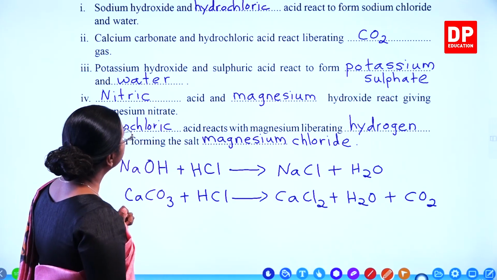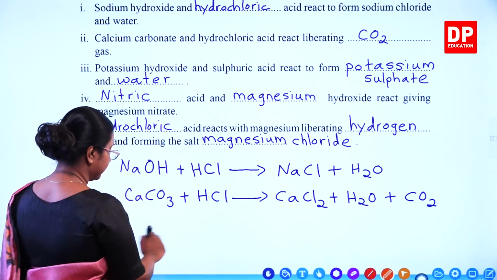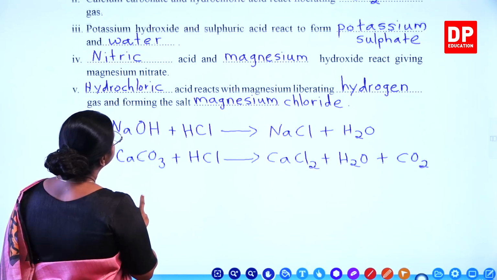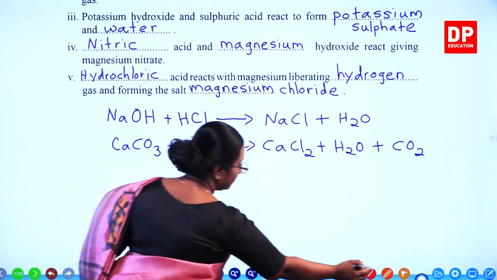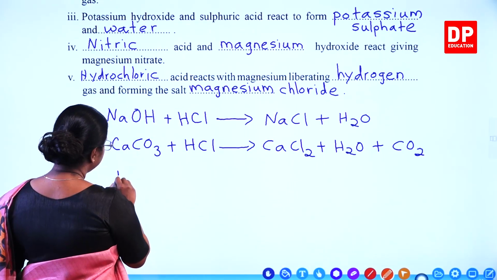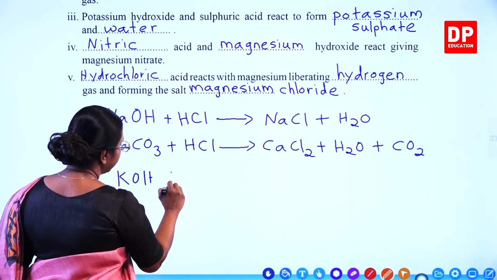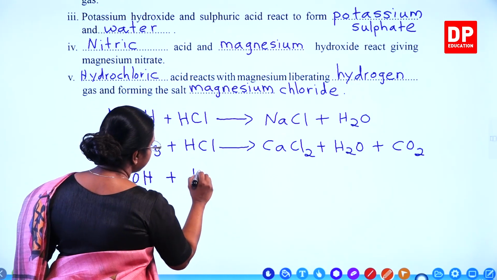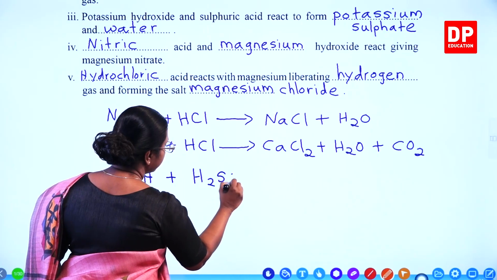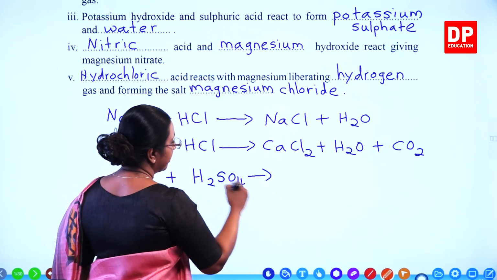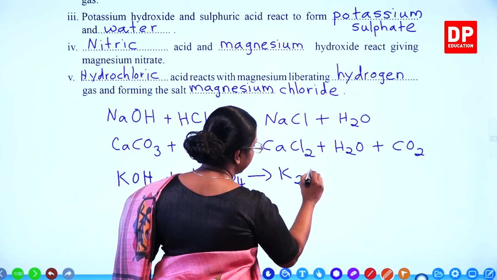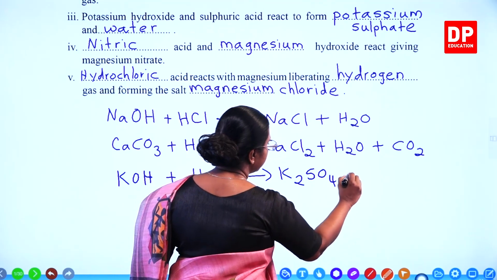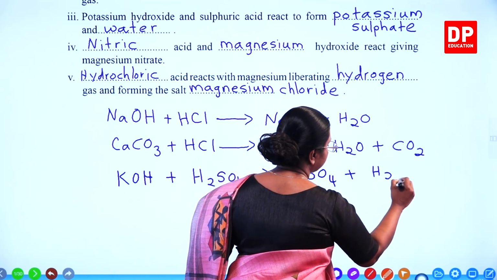Then potassium hydroxide and sulfuric acid, the third one, H2SO4. When they react, you know it has to be K2SO4 plus water.